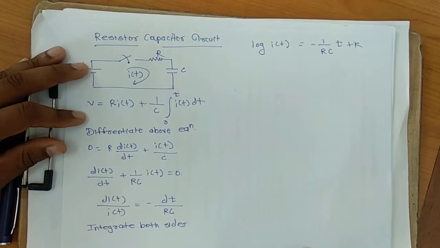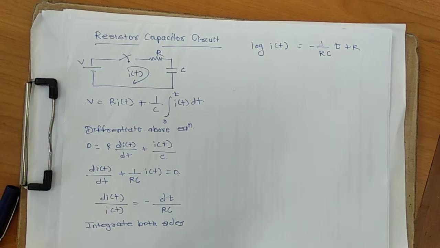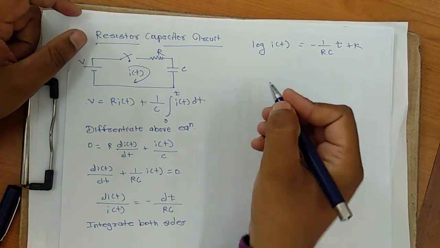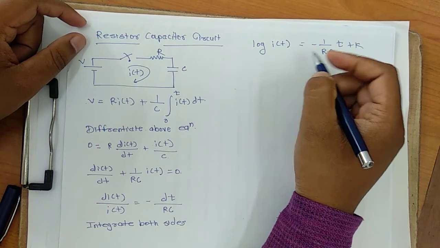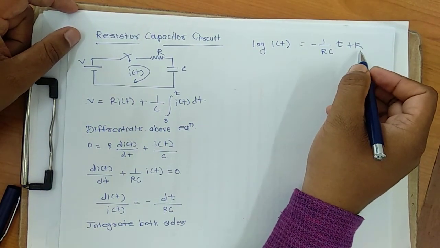Now we have to find the value of k. For that we have to find the initial condition, so that we can find the value of k.